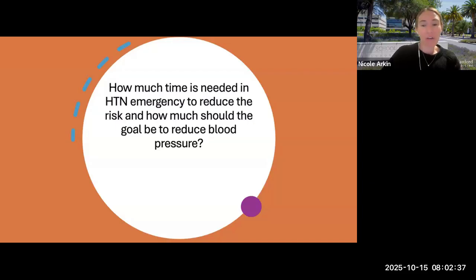And so really what you're looking for in that first hour is not to normalize the blood pressure. And when I say blood pressure, I'm talking about the mean arterial pressure, but really just to bring down the MAP such that you're getting control of the hypertension so as to not exacerbate this end organ injury.